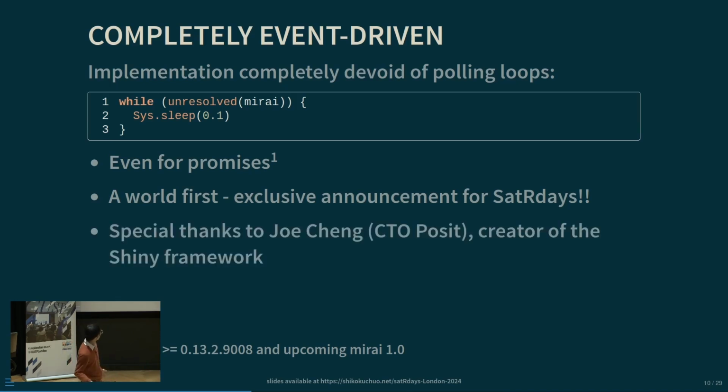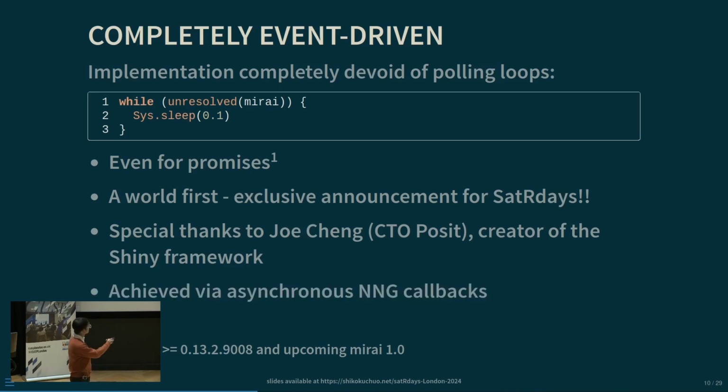And this is something that I've developed in collaboration with Joe Cheng himself. This idea actually came from him, and I simply implemented it in the Mirai package because it's especially suited to the type of concurrency that Mirai implements. And exactly, it's because it utilizes features of the underlying library.